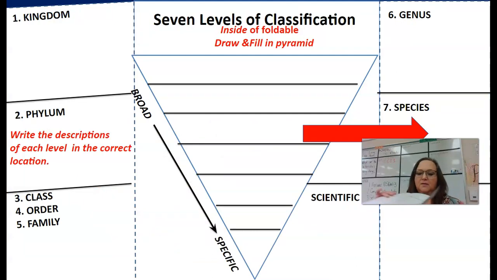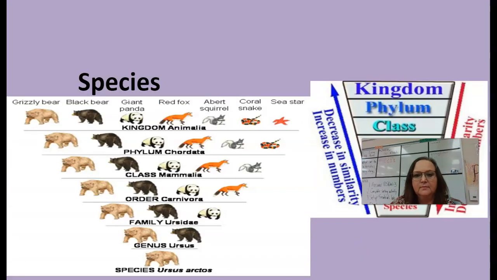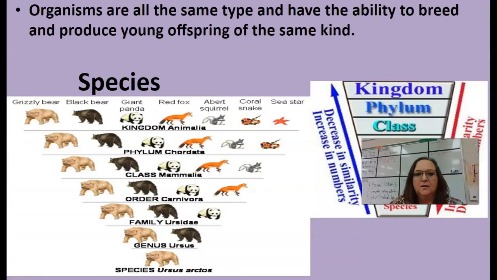All right, this box on number 7, you need to write the word species on that line. And your next slide is going to show you what to write in that box. Organisms are all the same type and have the ability to breed and produce young offspring of the same kind.